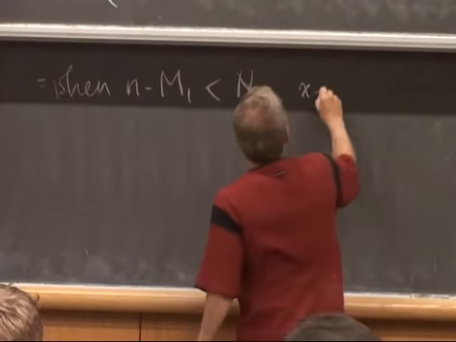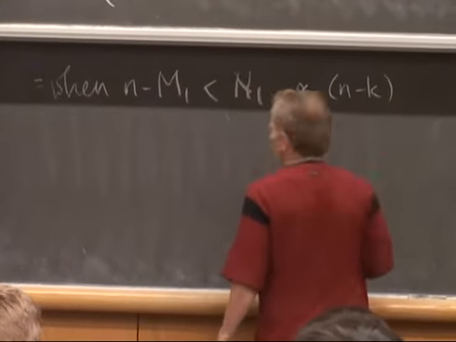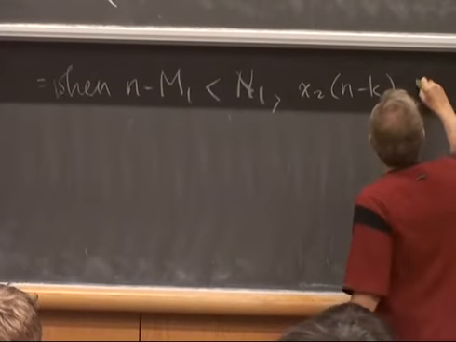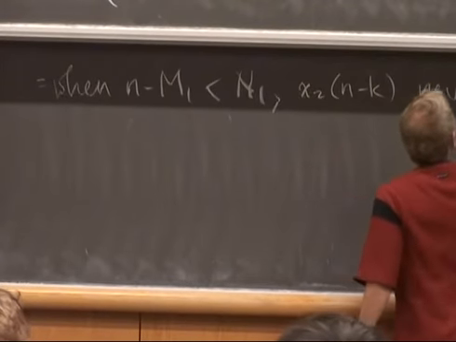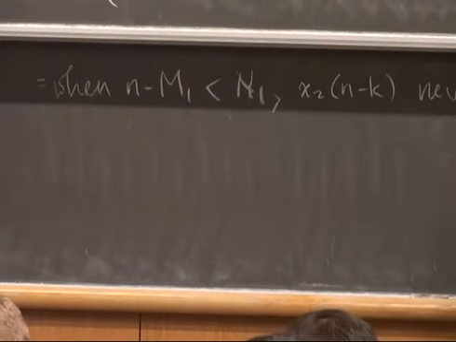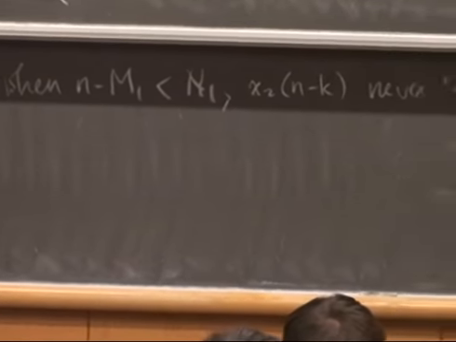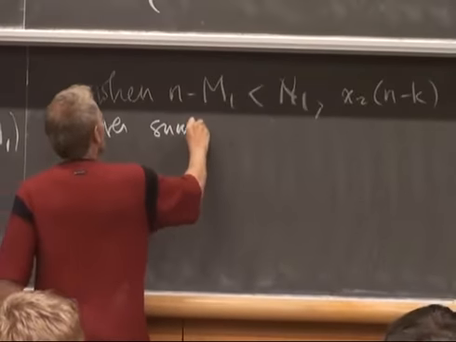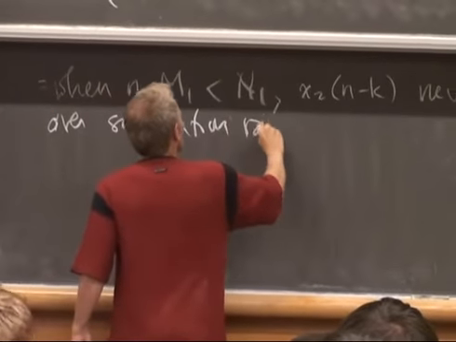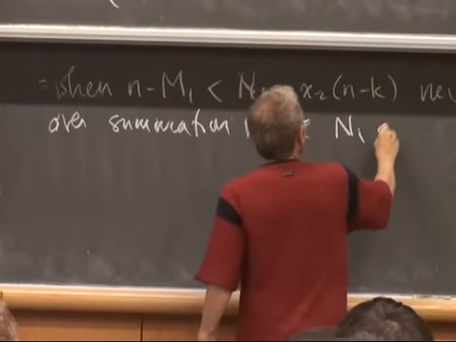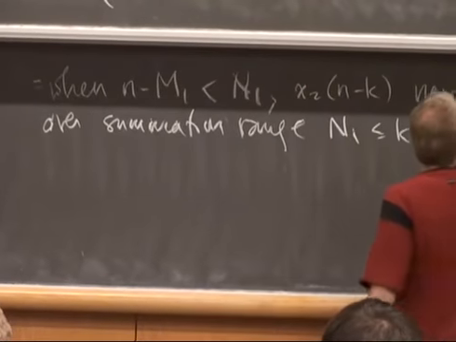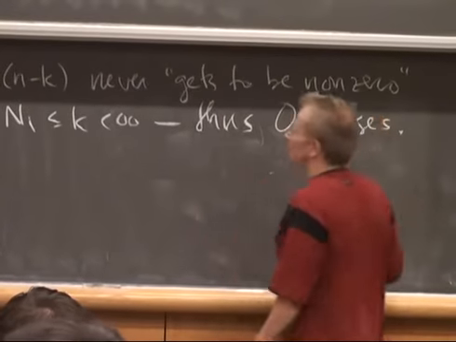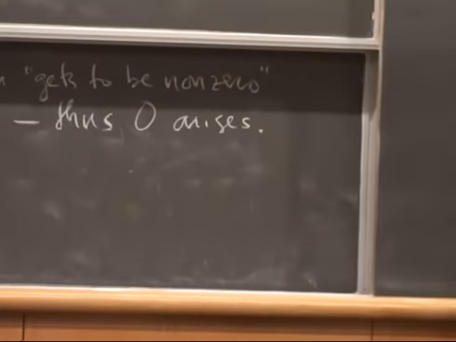So x2 of n minus k, its interval of non-zeroness is helplessly to the left of the interval of summation there. So it never, quote unquote, gets to be non-zero over the summation range capital N1 less than or equal to k less than infinity. Thus, 0 arises.